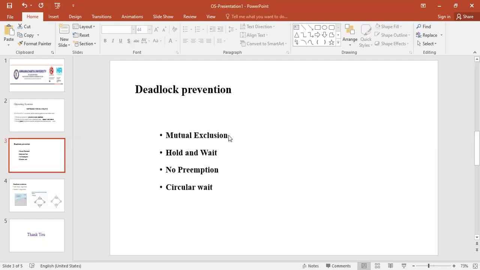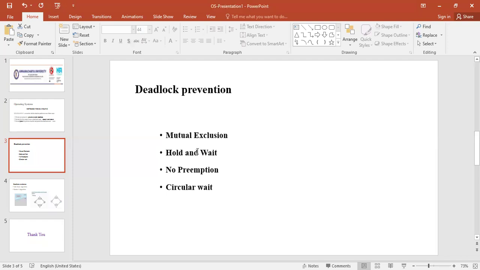Now, next, we are discussing hold and wait. In this condition, it should never occur in the system. We must guarantee that whenever a process requests a resource, it does not hold any other resource.